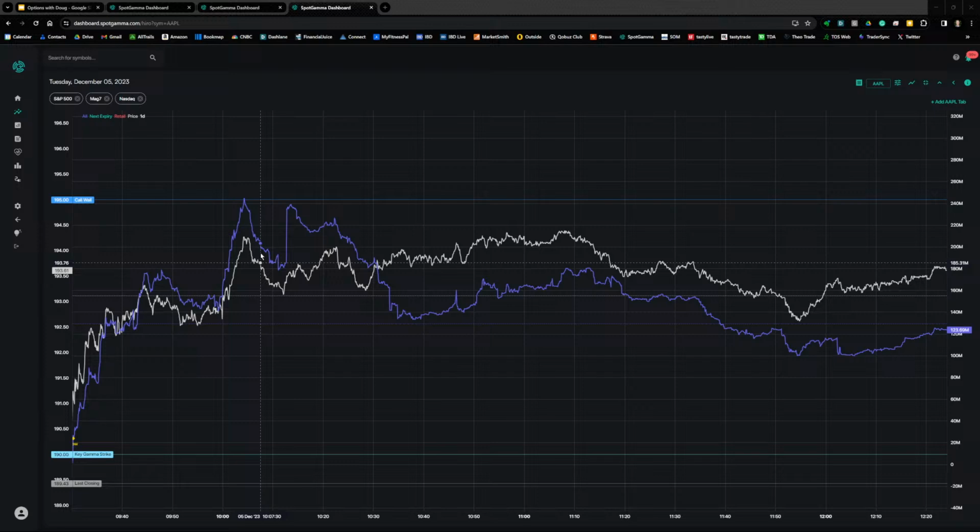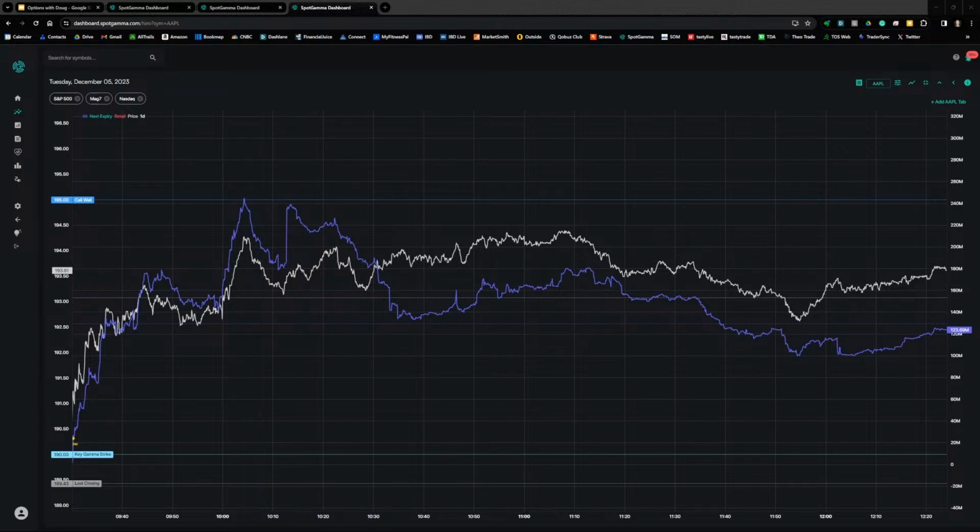I wouldn't necessarily buy a put, especially for a stock like Apple that doesn't move that much, but definitely a good opportunity to either sell a call spread or buy a put spread. And all you're doing there is saying, I think price is going to remain below this certain level.